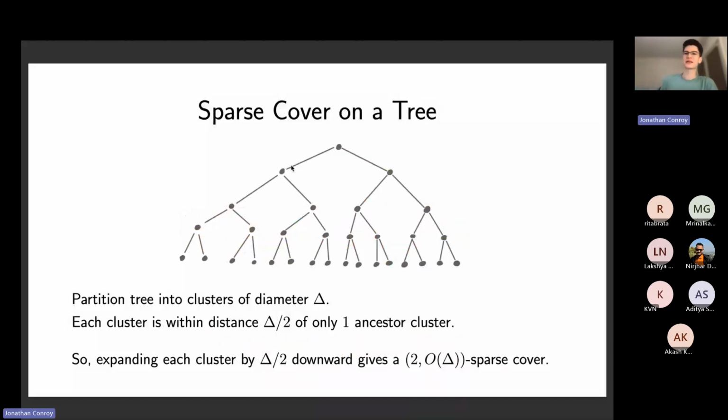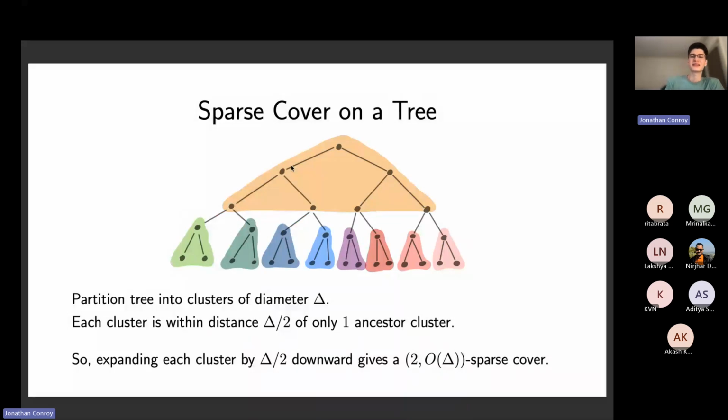Okay, we can say something similar for a tree. If you want to construct a sparse cover on a tree, you partition your tree into clusters, again, of diameter delta. Now it could be the case that each cluster is within distance delta by 2 of many different clusters.